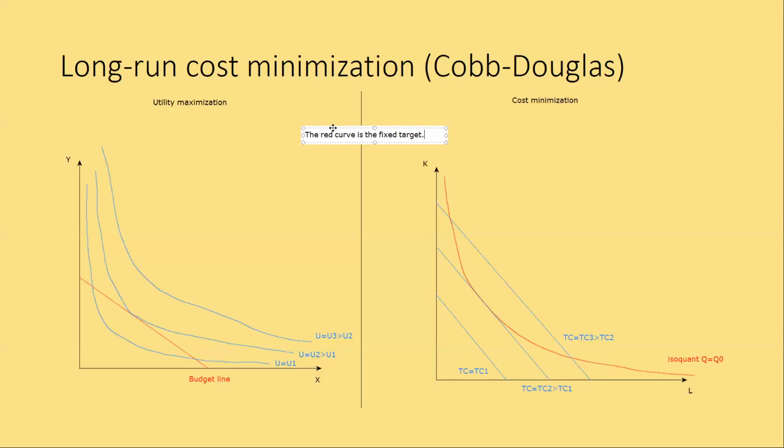In the cost minimization problem, however, it is the isoquant that is fixed. The firm must produce this much output. And we are shifting our total cost lines, which are the straight lines, and we are finding the one that is the most left possible, which will represent the lowest level of total cost, and that still touches our isoquant. This will be the one that is minimizing the firm's cost.